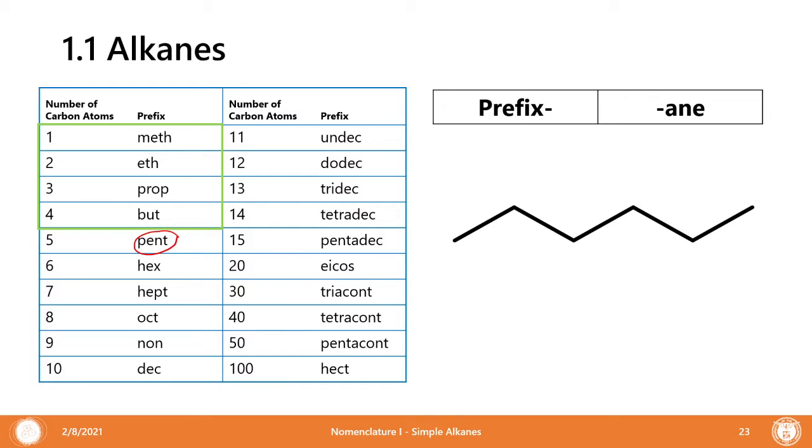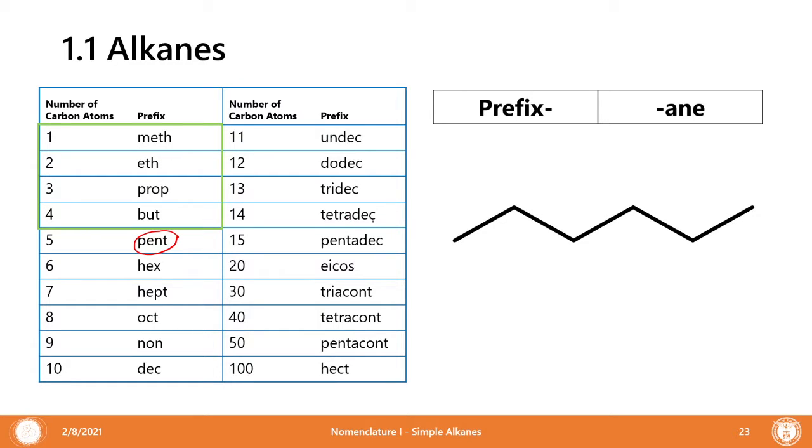And so attaching that to the suffix -ane will yield us our alkane name: pentane, hexane, heptane, octane. Notable are the first 4, which are not using the polygon names. Rather, they use a set of historical prefixes. And these prefixes are meth for 1 carbon, eth for 2 carbon, prop for 3 carbon, and but for 4 carbon. Okay, so these are the prefixes.